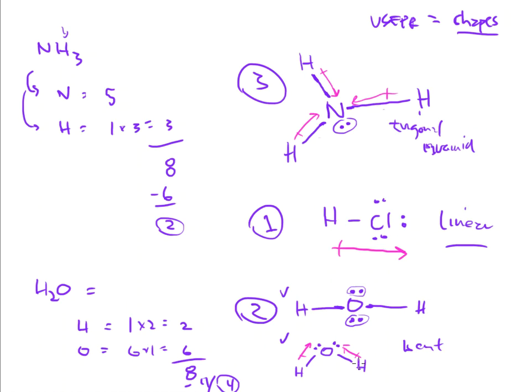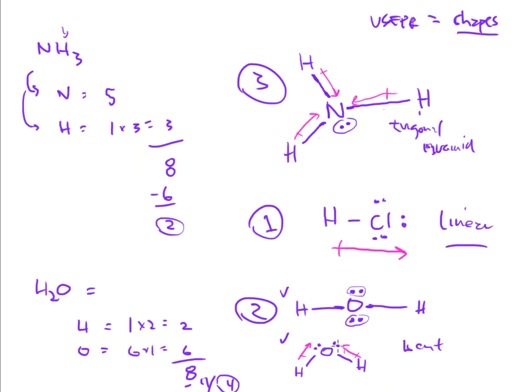We can also talk about the overall polarity of the molecule. What I've done here is just assign polarity, or dipoles, on the actual bond between the two atoms. But we can also talk about the overall polarity of the molecule. Well, for number 1, that is the overall polarity. There's only one bond represented. That one bond got polarity assigned to it, and we call it a done deal.